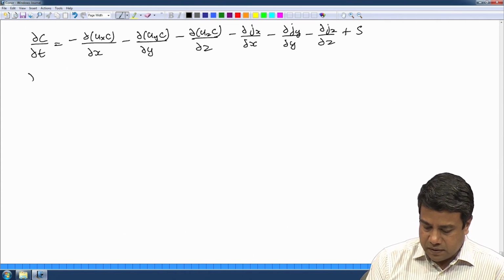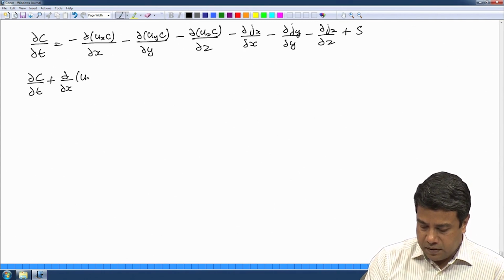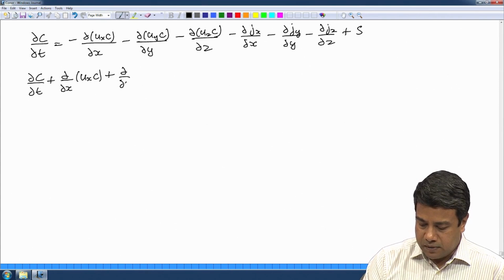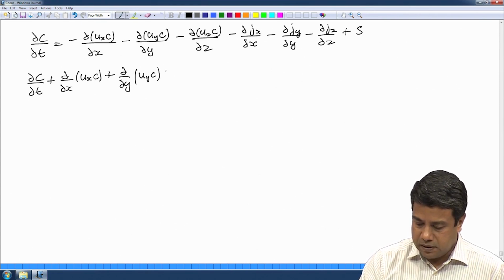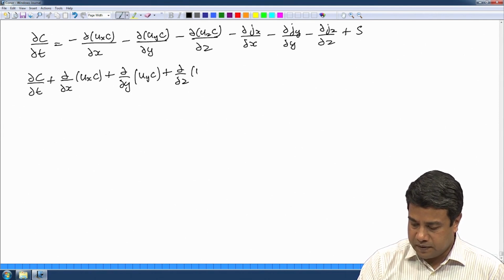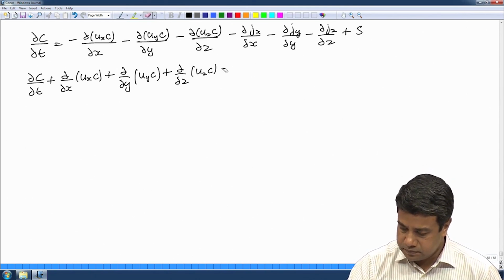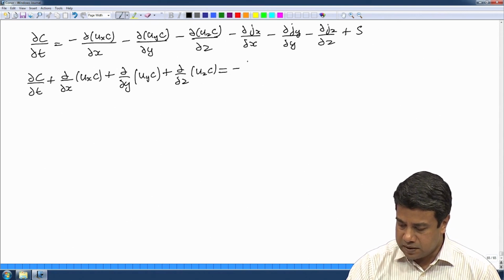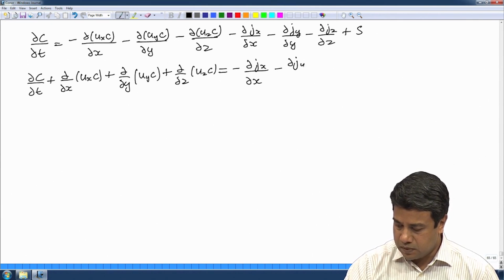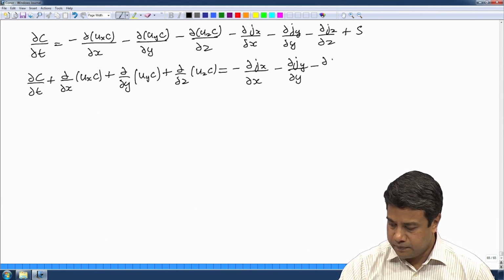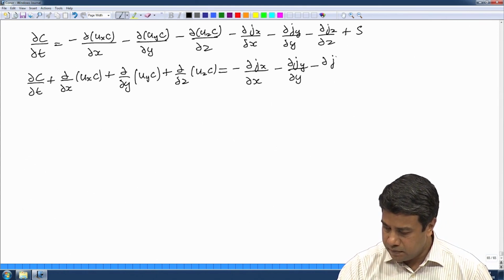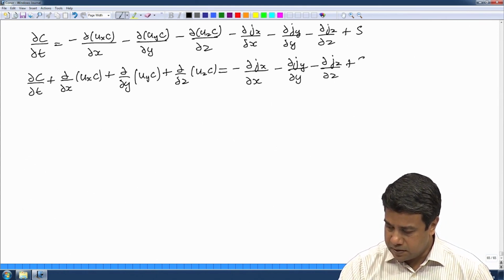It is conventional to write this as dc by dt plus d by dx of uxc plus d by dy of uyc plus d by dz of uzc is equal to minus partial j x by partial x minus partial j y by partial y, plus the source.